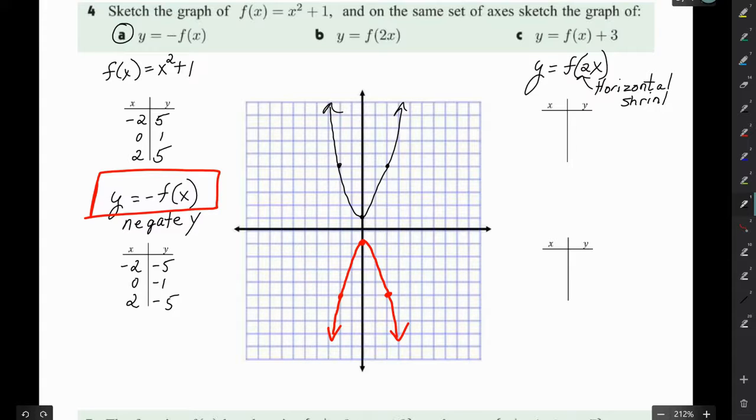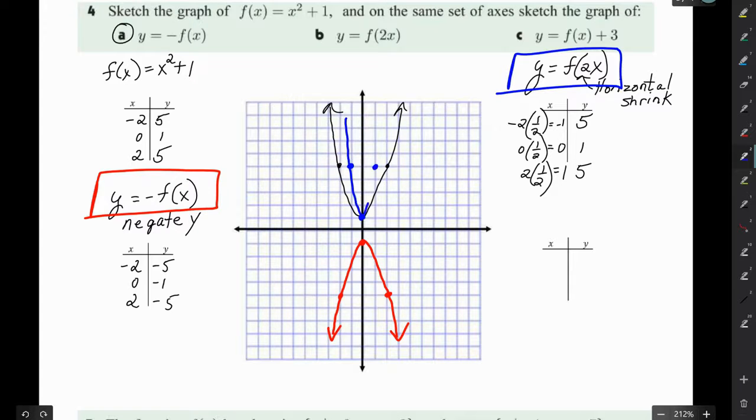So if it's a horizontal shrink, that means that we need to multiply all of our x values by 1/2. If we multiply it by 2, that's going to be a stretch. Okay, so our x values are all going to be multiplied in this case by 1/2. The y values will just remain the same. And I'll do this graph in blue.